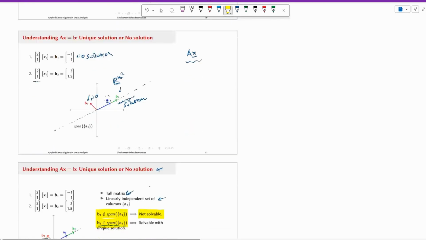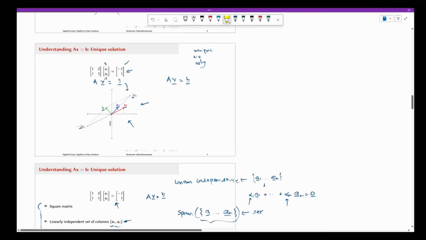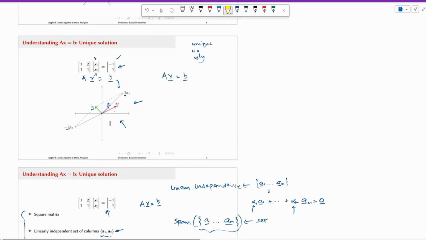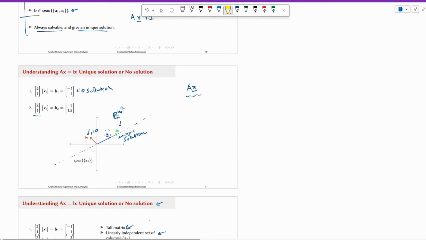Full column rank or row rank, always solvable, unique solution. Rank is equal to m.